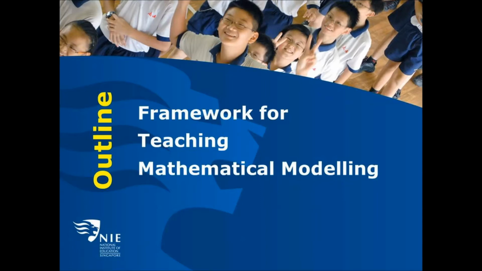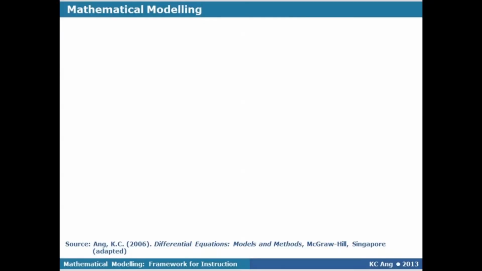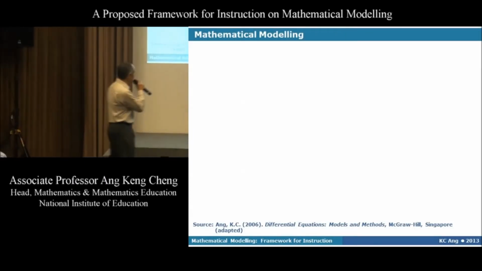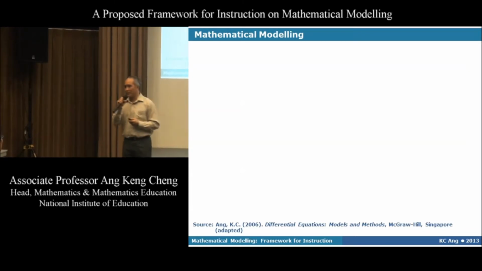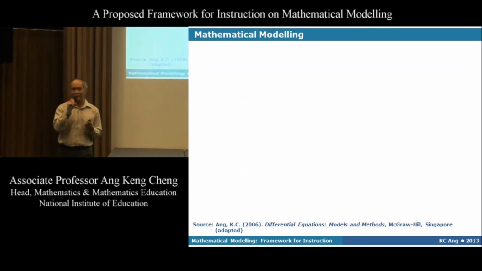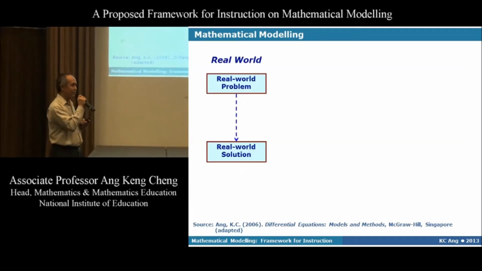So let's start with mathematical modeling. I think the easiest way to get a quick feel of what this is all about is through a schematic or diagram or illustration, if you like, to see what exactly mathematical modeling is. In mathematical modeling, probably you've seen this before, we tend to start with a problem in real life.